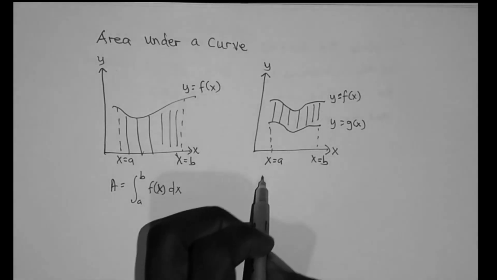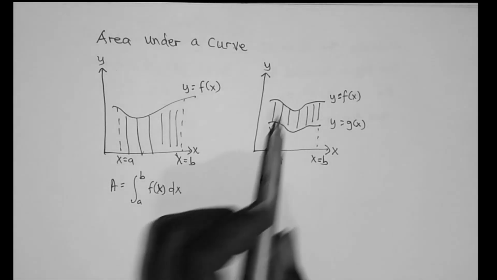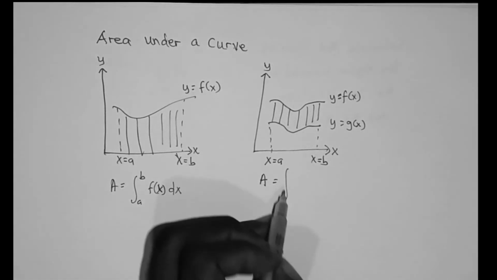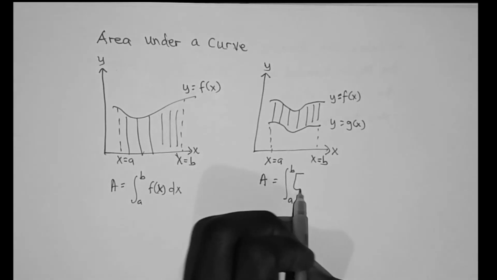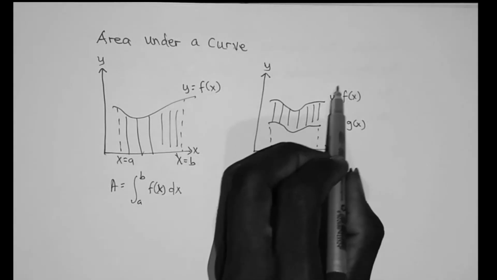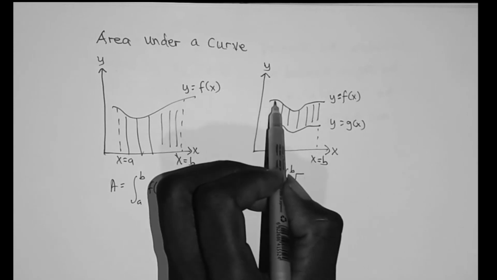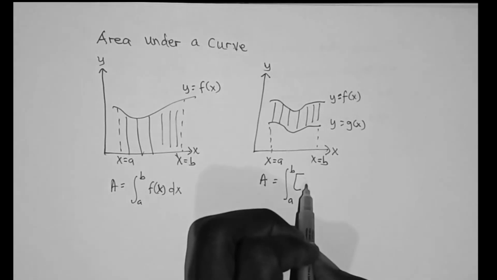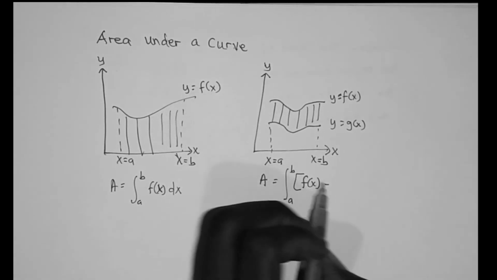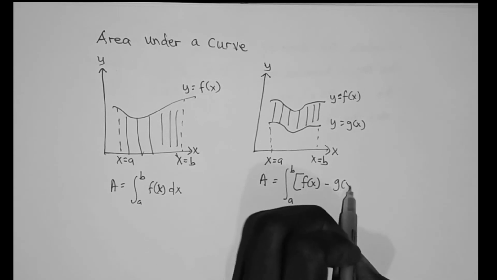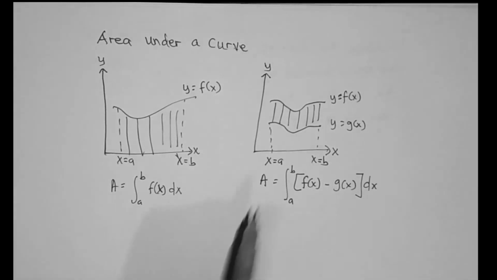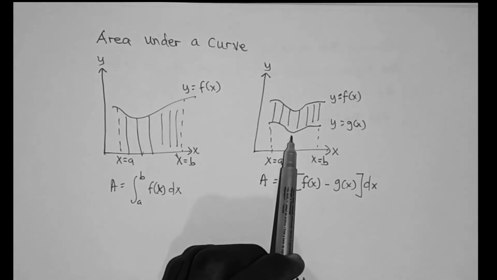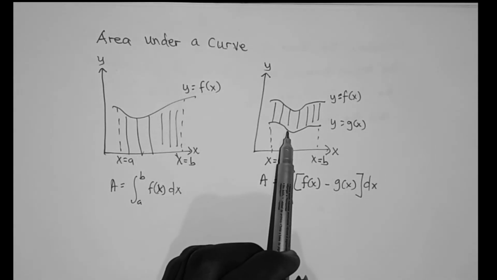The area A that is bound by those two curves is equal to the integral of a to b of the top curve, which is the upper one, this one, f of x minus g of x dx. So always you subtract the bottom one from the top one.